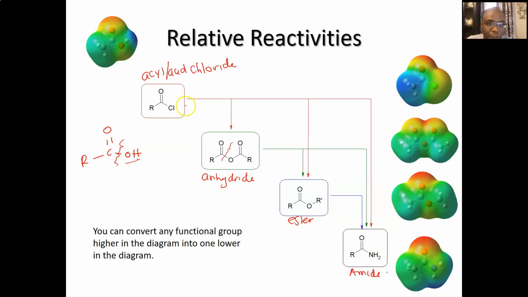So you can convert this to that by SN2 with your nucleophile of choice. The nucleophile could be this. You can imagine just using this, attacking the carbonyl, and this falls off. You get that.